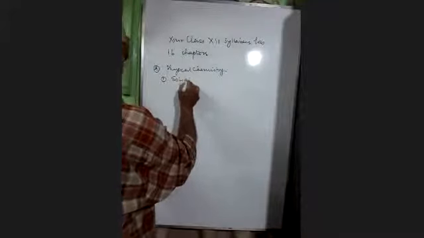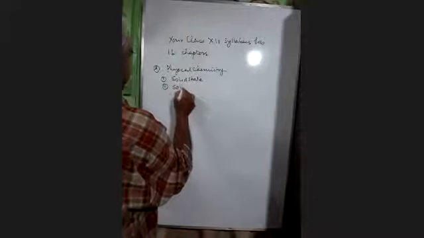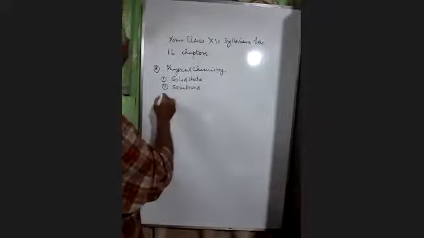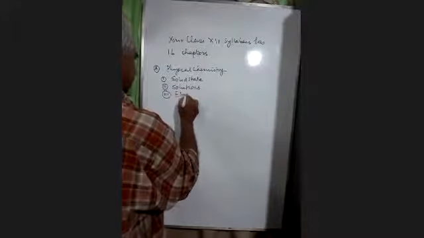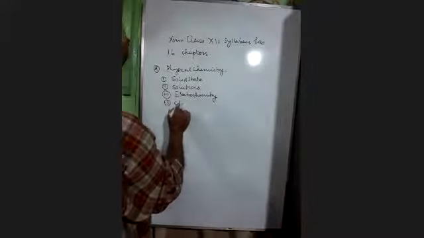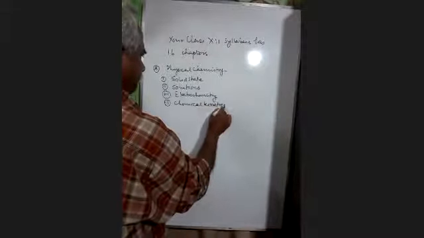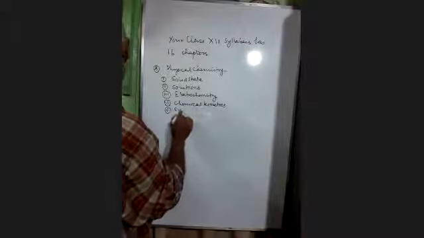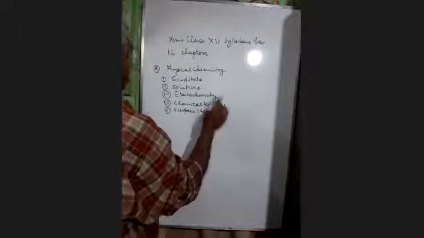This is solid state, then solutions, electrochemistry, chemical kinetics, and surface chemistry. These are the 5 chapters you have.